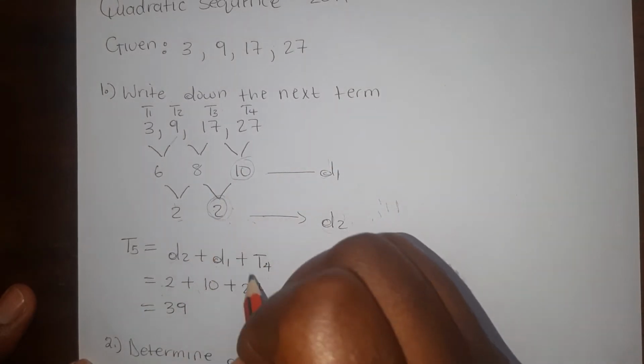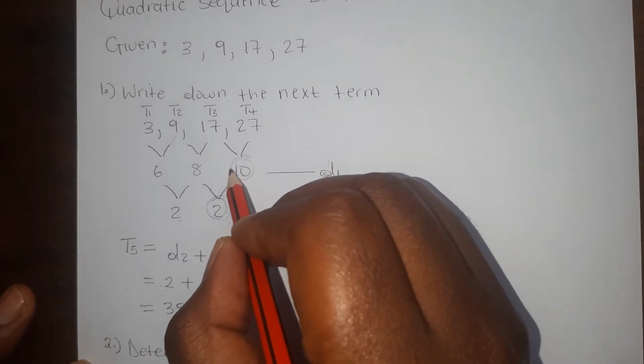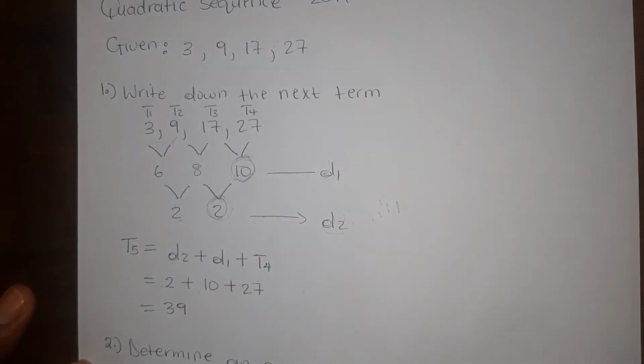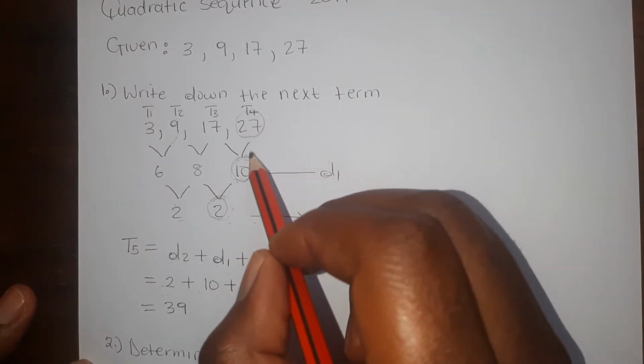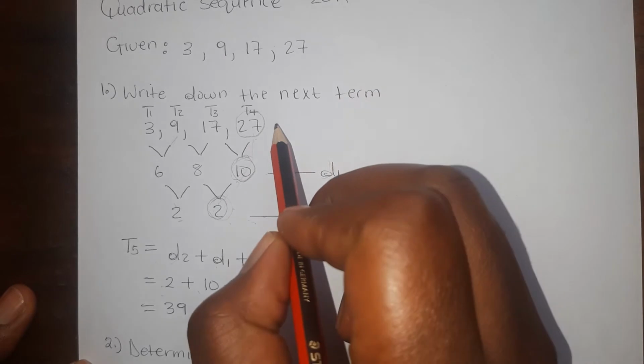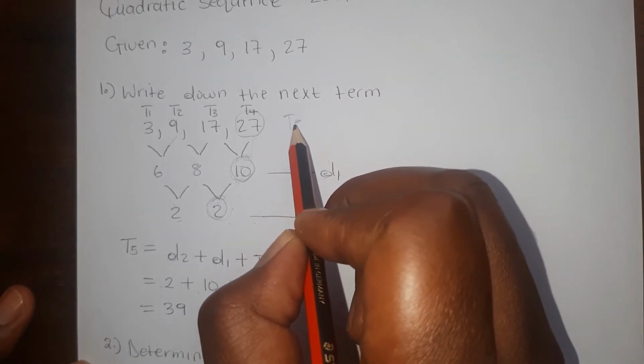The last term of the second difference, the last term of the first difference, and our T4. When we add them together, they will give us our T5.